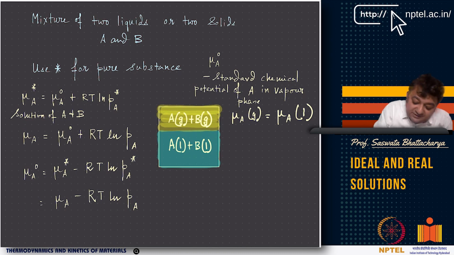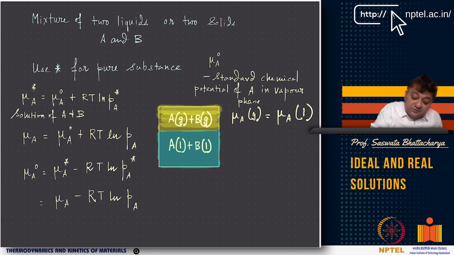So there is the chemical potential of component A when A is completely pure, and this is again related to PA star, which is the vapor pressure exerted by the vapor that is in equilibrium with the pure liquid A. That is RT ln PA star.